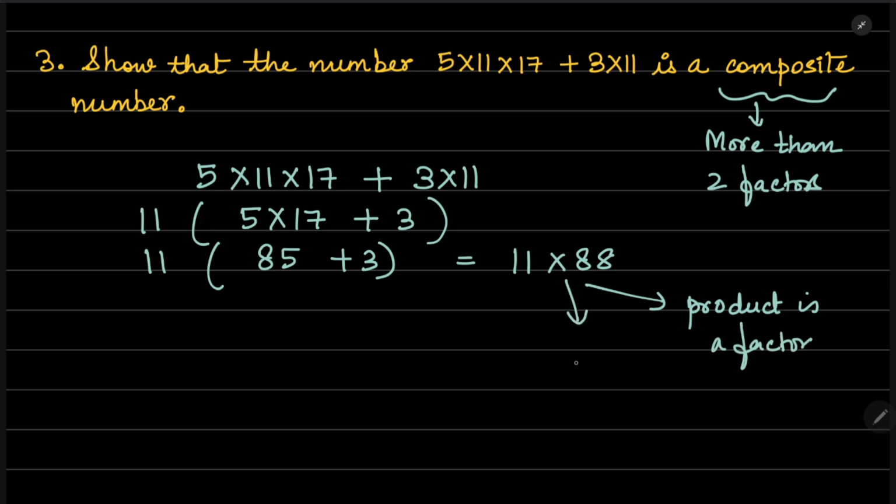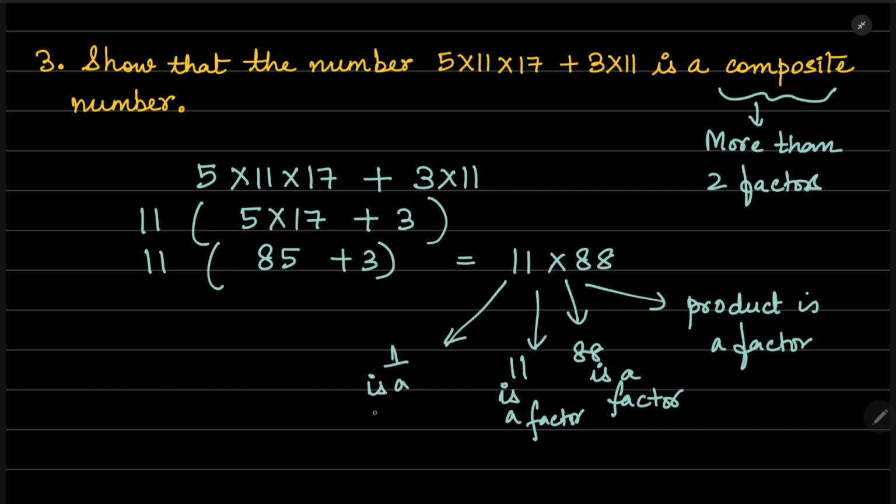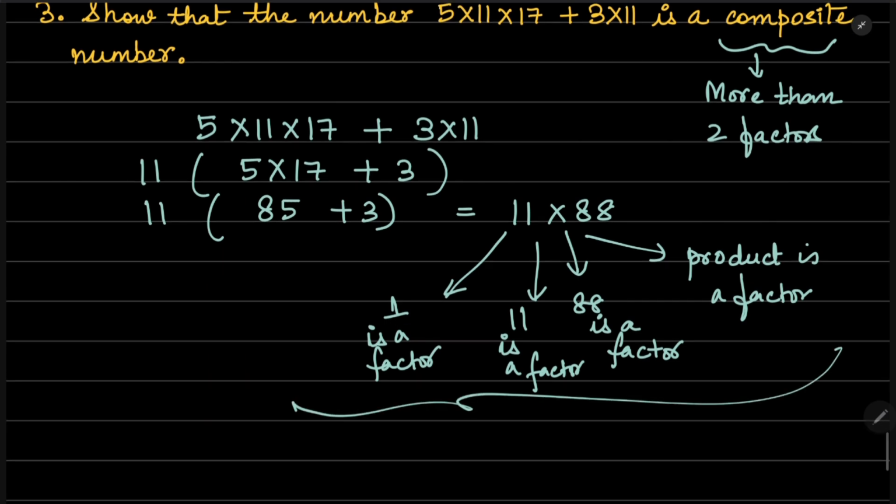Okay. And then 88 is a factor. 88 is one of the factors because 88 multiplied by some number is giving you this. So 88 is a factor. As you check, 11 is a prime number and 11 is also a factor. That means the number is divisible by 11. And by default, 1 is also a factor. So therefore, this number clearly has minimum 4 factors.